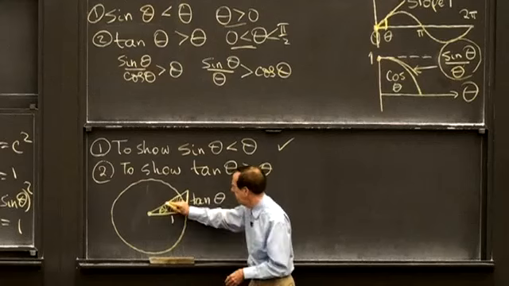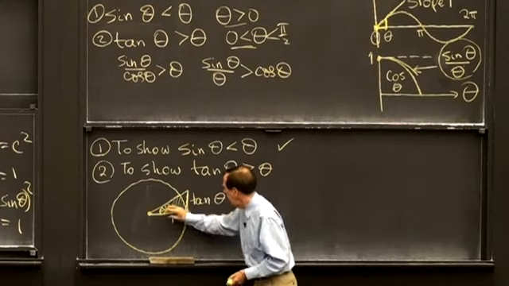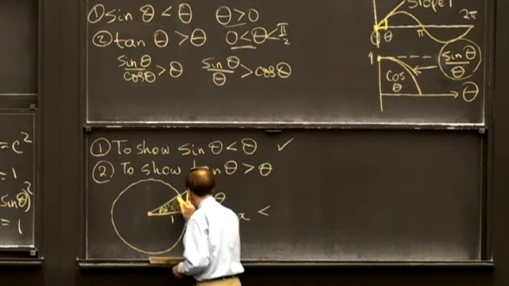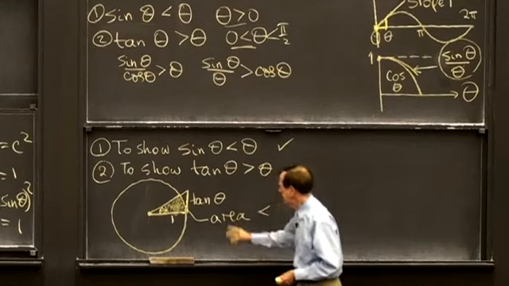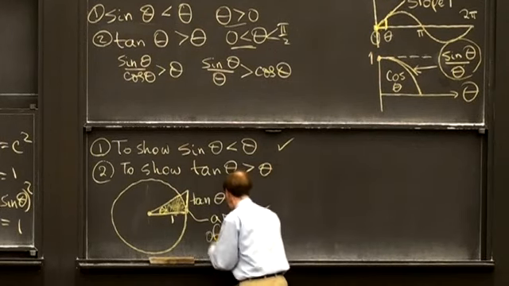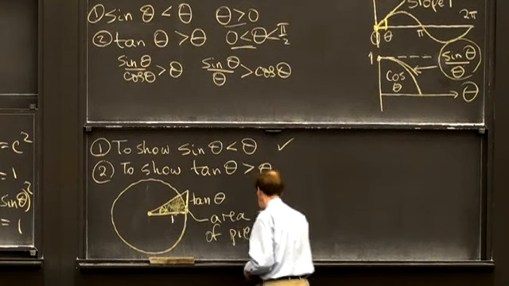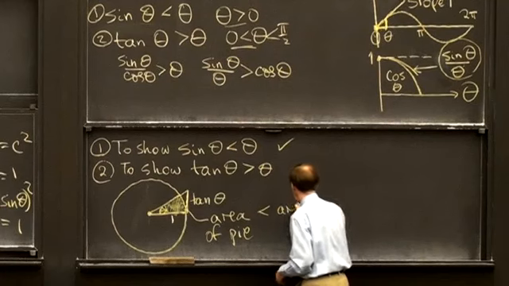That's a little piece of pie, a little sector of a circle. So the area of this shaded, did I shade it okay, is less than, so this is the area of the sector, can I just call it the pie, piece of pie, is less than the area of the triangle.